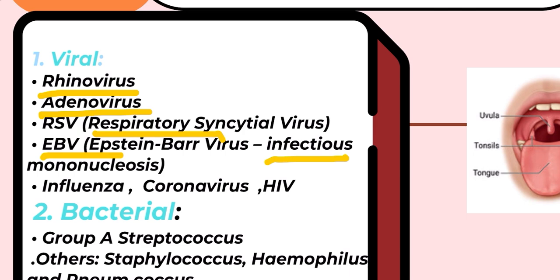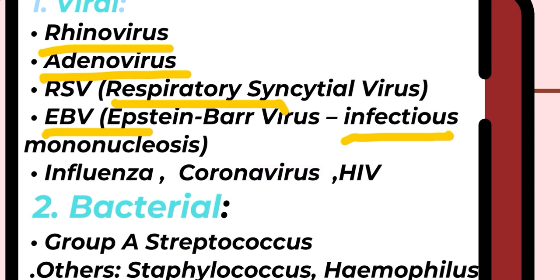In this disease, the tonsillitis occurs as part of the disease and as part of the generalized lymphadenopathy. Other causative organisms are influenza virus, coronavirus, and HIV.